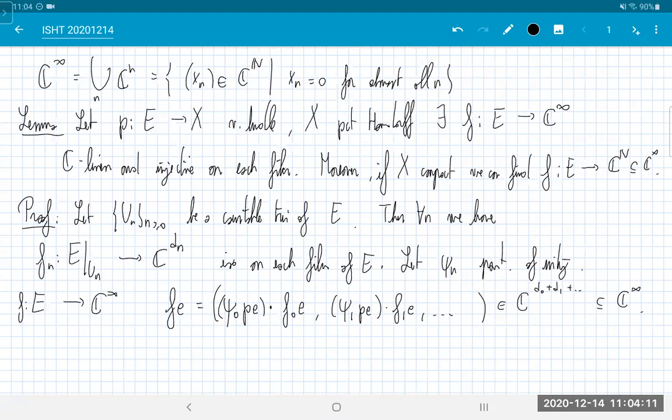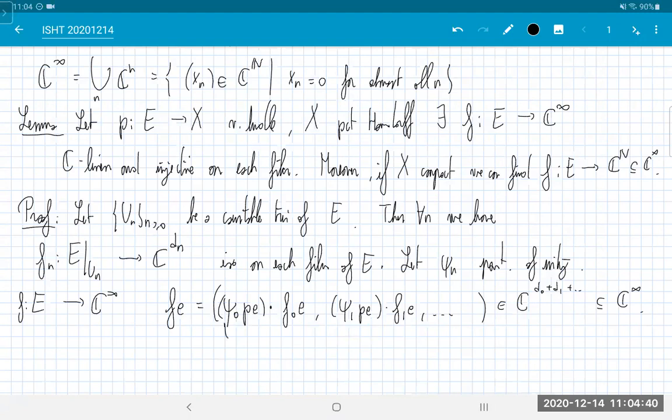And these make sense because F_i is defined only in U_i, but outside of U_i this guy is 0. So I'm extending this continuous map by 0. So this actually makes sense. And for every e, only finitely many of these are non-zero. So this actually lands into C infinity.